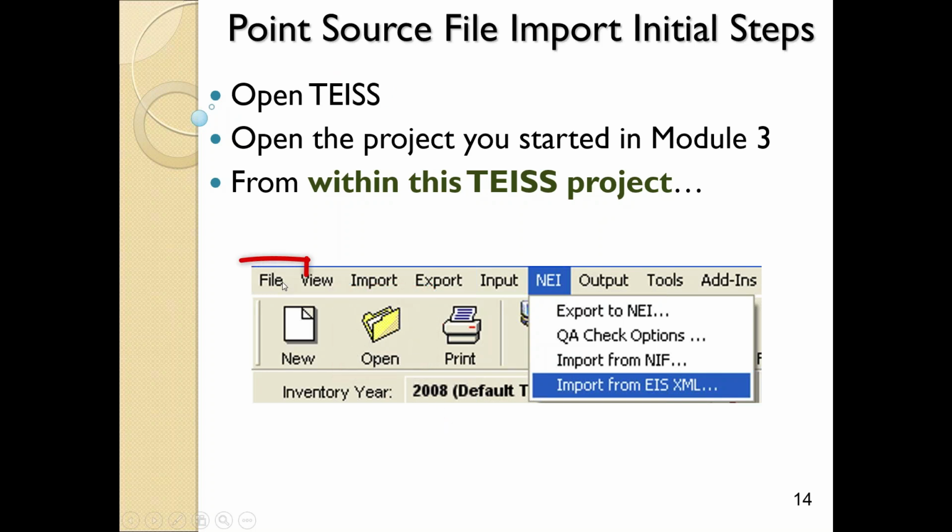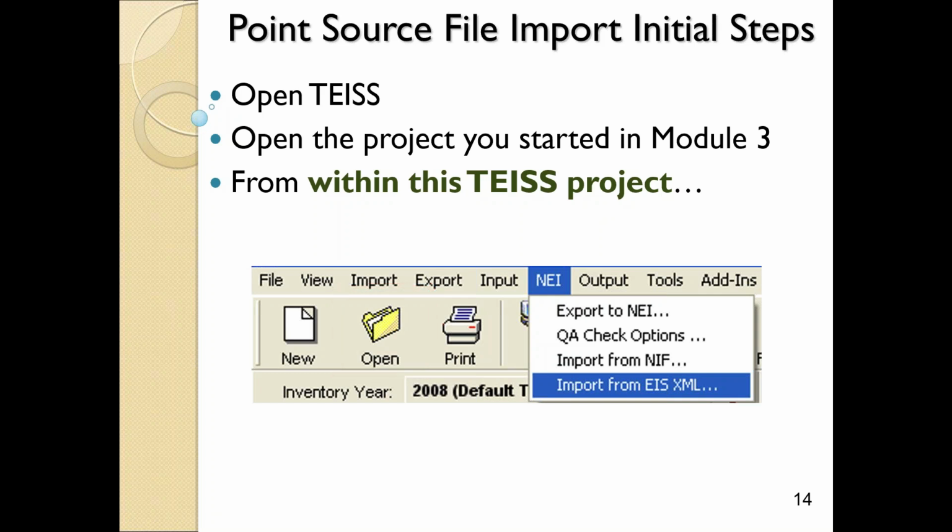The benefit of using File Open is that it shows the most recent, I think it's the four most recent TEISS projects that you've opened. So they're shown in a list. You might be familiar with that with other software programs you use. So you can use that option, or you can use the folder option. And with that, you just have to navigate to where you saved your file.